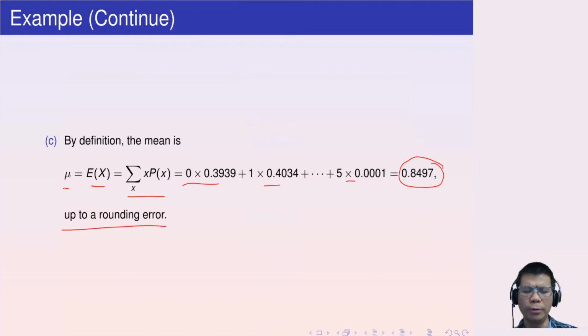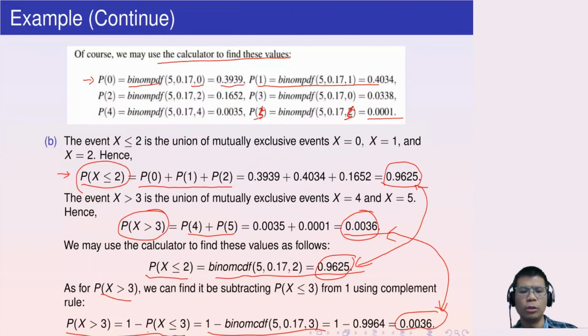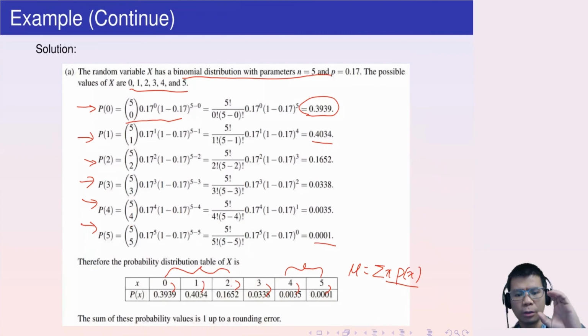Now you can see that for a binomial distribution, in order to calculate the mean using the definition, we need to do a lot of work to find all the products and take the summation, right?